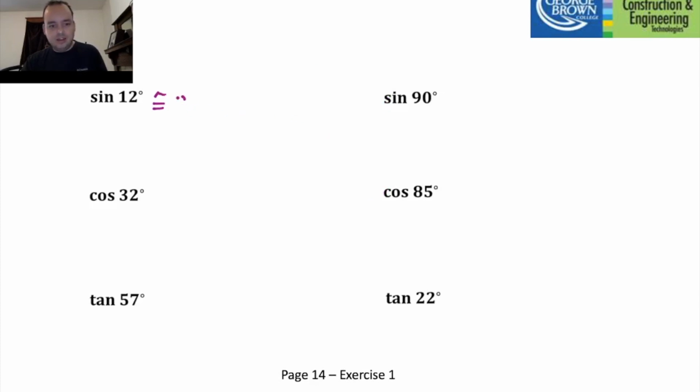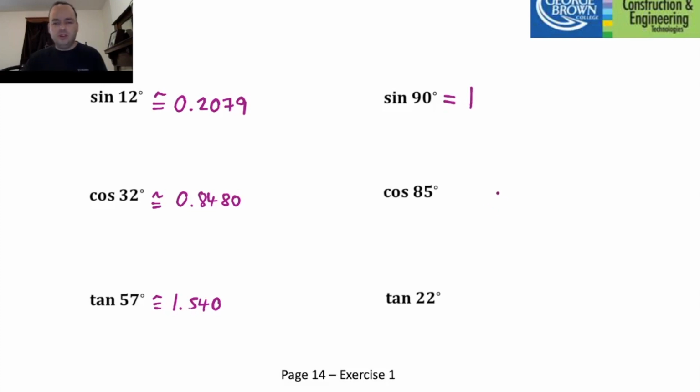Let's see if you got the same. Sine of 12 is 0.2079. Cos of 32 is 0.8480. Tan of 57 is 1.540. It said 4 significant figures if necessary, so for this one, there's no approximation: sine of 90 is exactly 1.